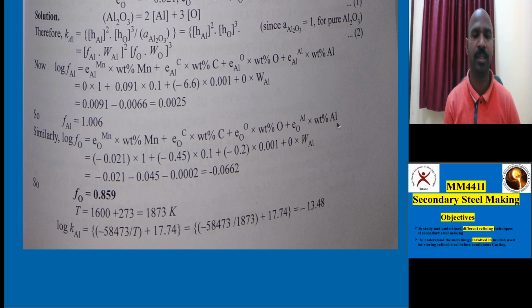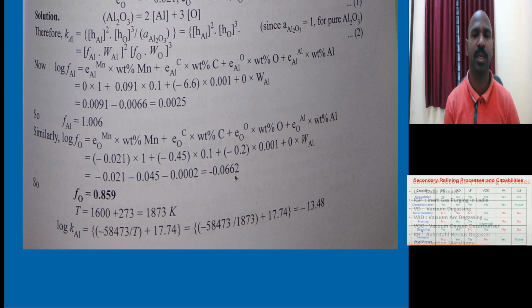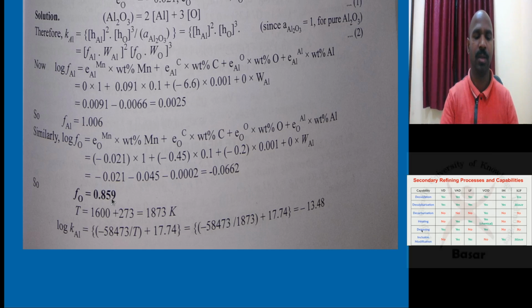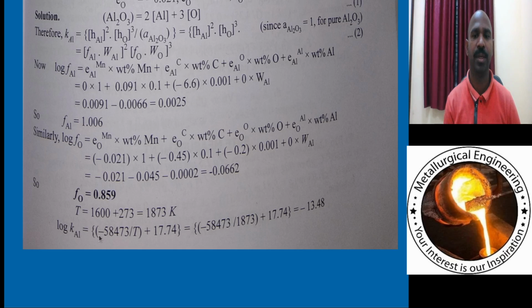When you substitute all these values, you get log f of O equal to minus 0.0662, and removing the log, f of O equals 0.859.